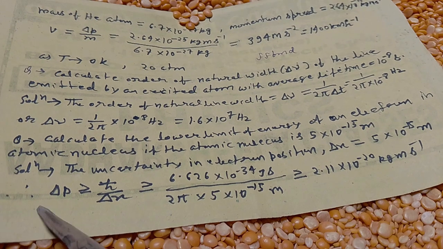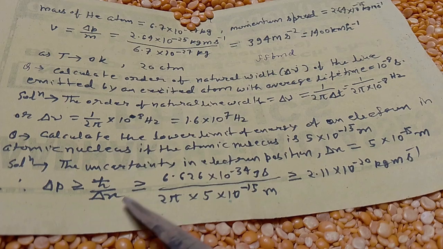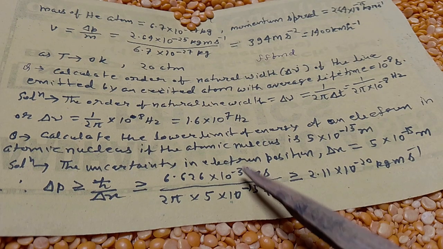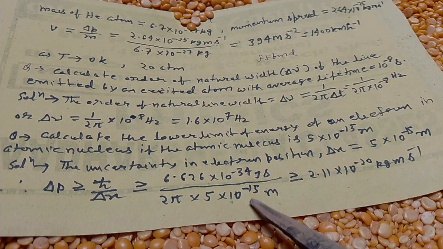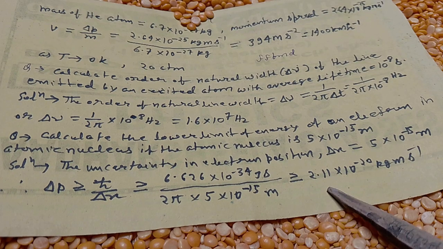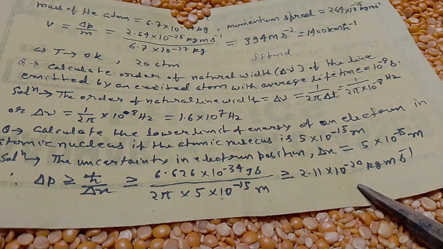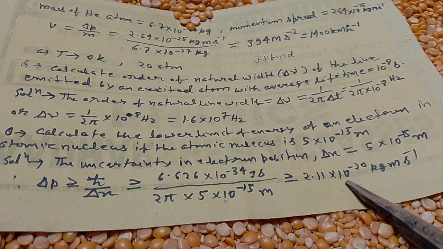Hence delta p, the uncertainty in momentum, must be greater than or equal to h cut by delta x, or greater than or equal to 6.26 into 10 to the power minus 34 joule second divided by 2 pi into 5 into 10 to the power minus 15 meter. After calculation, this value is 2.11 into 10 to the power minus 20 kg meter per second.